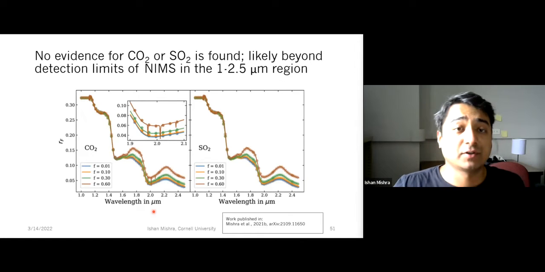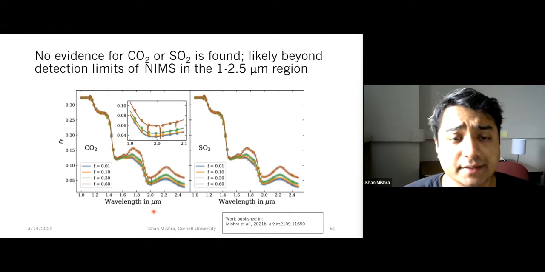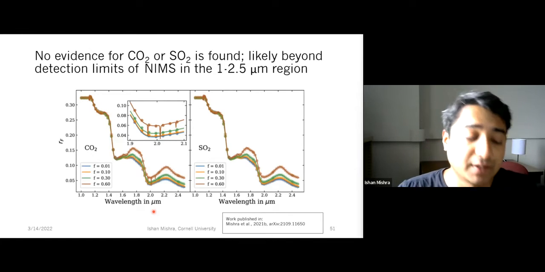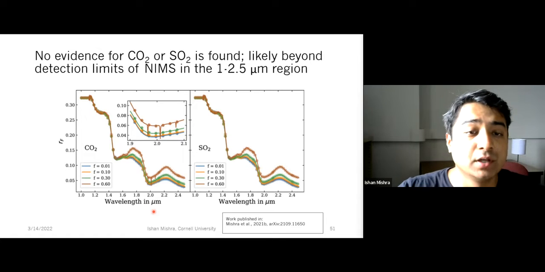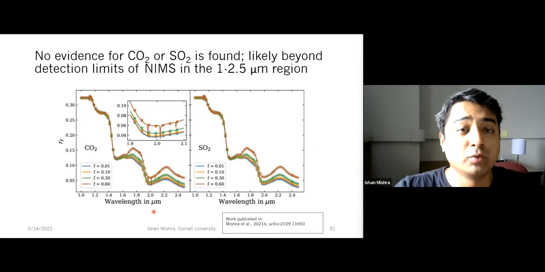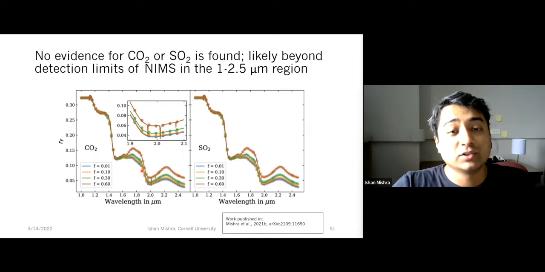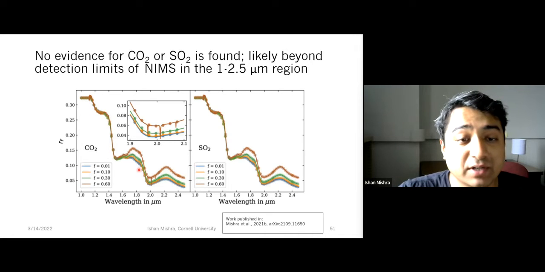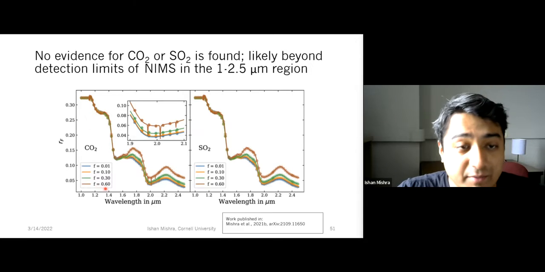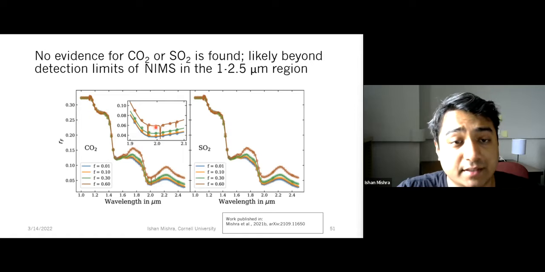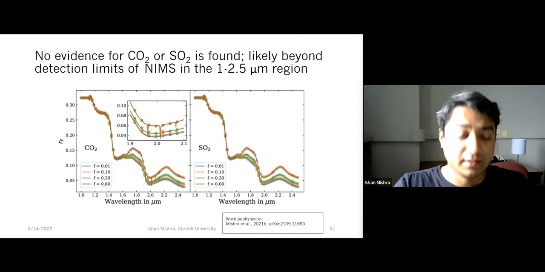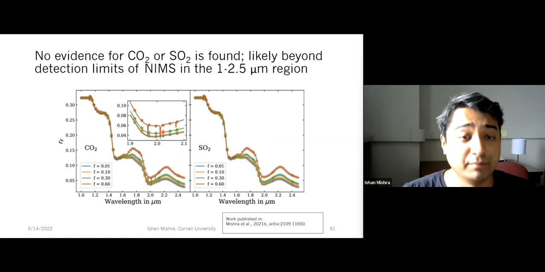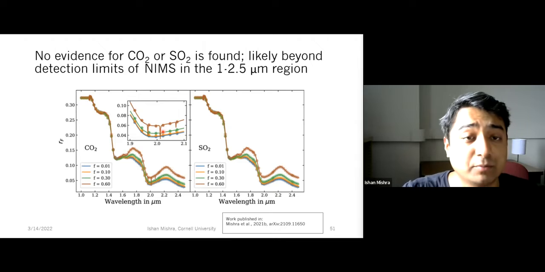And finally, we find no evidence for carbon dioxide and sulfur dioxide in this data set. We were expecting it because, again, previously we have not seen any features. But you also see that with NIMS's resolution element, even if you have sharp features in these theoretical spectra that I'm showing here, in brown, a very high amount of carbon dioxide, what I'm trying to highlight is that even if you have very sharp and strong features, NIMS's resolution element is just too broad to pick that up.